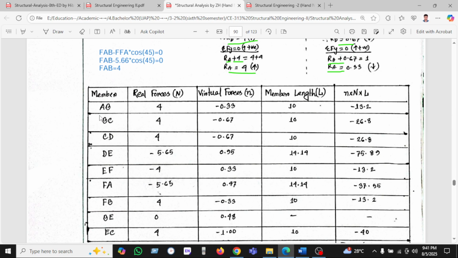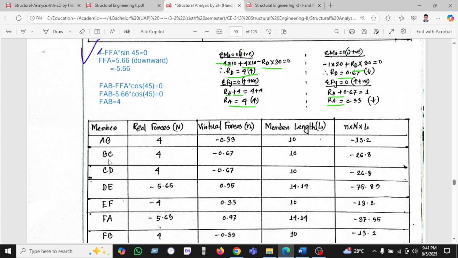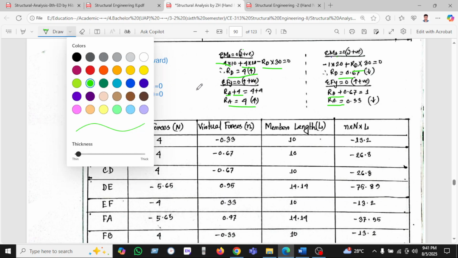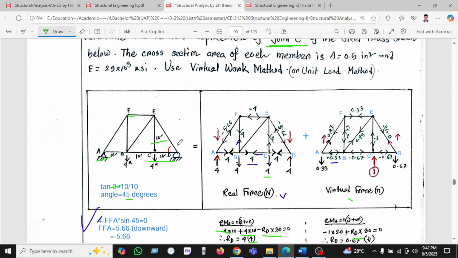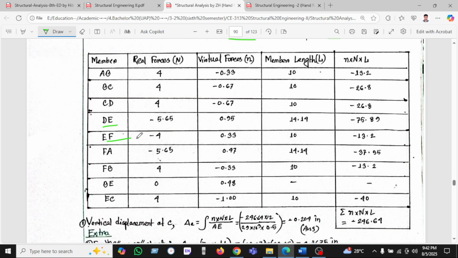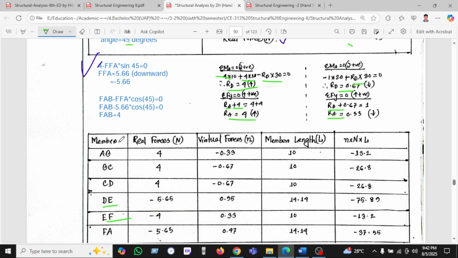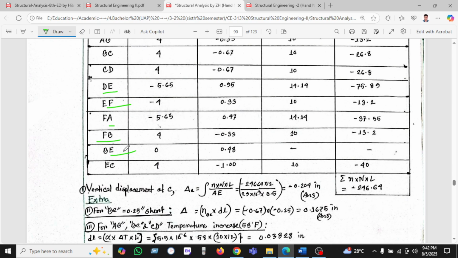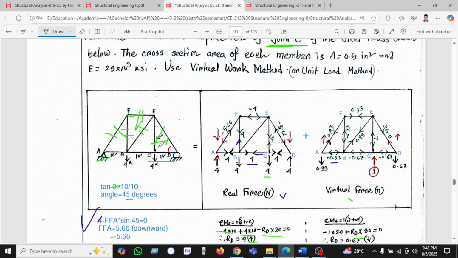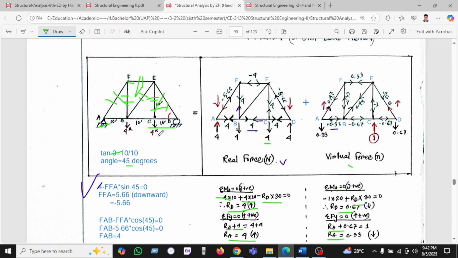Now we can draw a table where we write the first member AB, then BC, and CD, and DE, then EF, and FA, and FB, and we can see BE, this member is BE, and the last one is CE, EC. So all the members are listed.